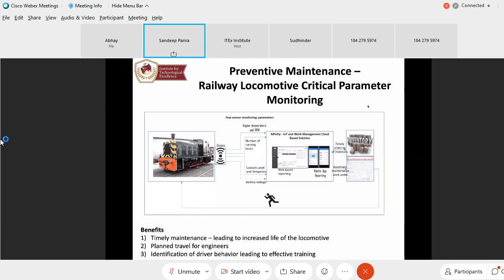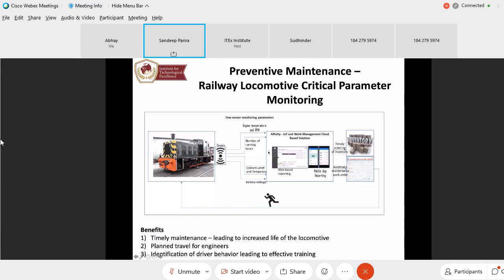So what we did is that we established very low cost sensors. In fact, to be precise, it was not even a sensor. There was one sensor, but for running the number of hours, we just connected it to the engine, and we got how many hours it is running.